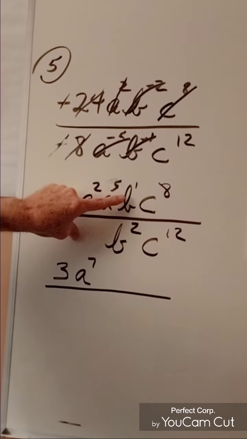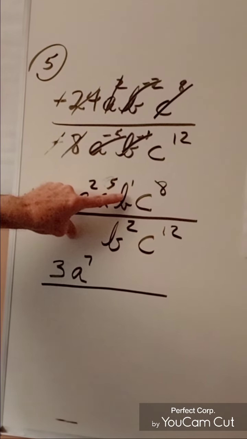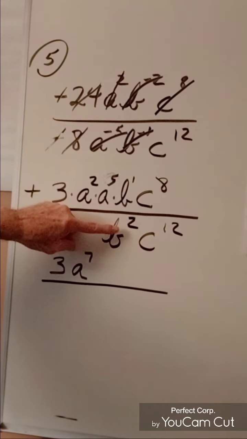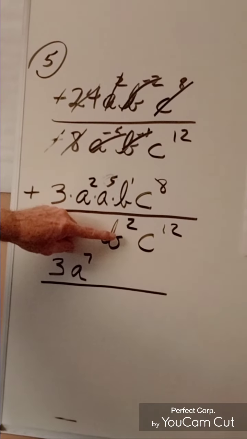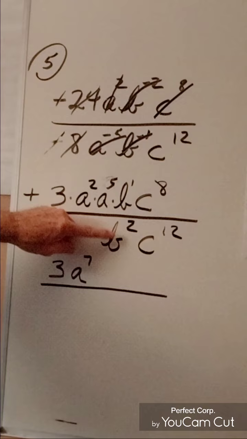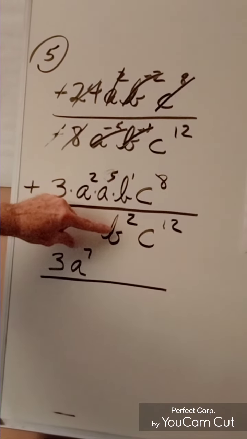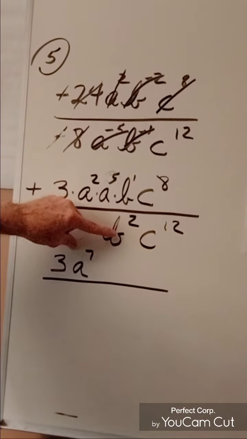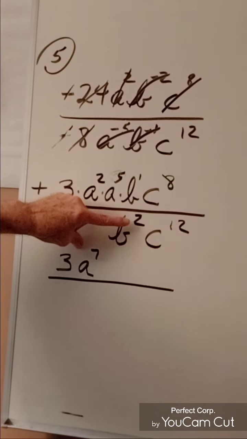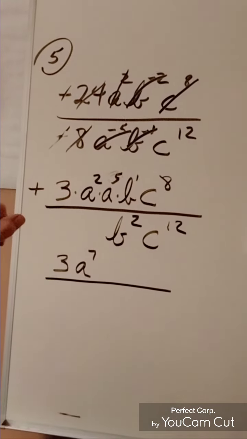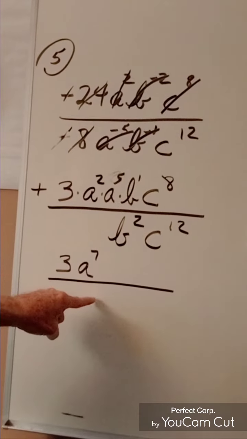We have one factor of B in the numerator, and we have 2 factors of B in the denominator. This one factor of B in the numerator will cancel with one of these factors of B in the denominator, and I'll still be left with one factor of B in the denominator.